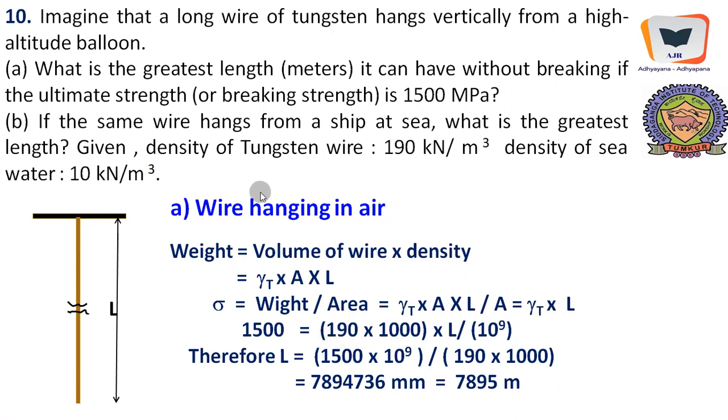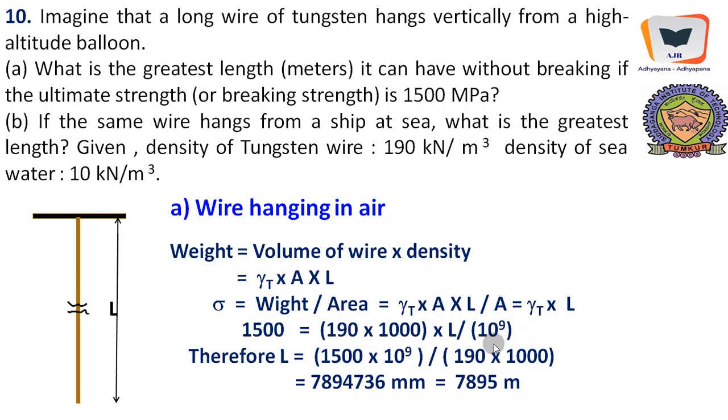And density of tungsten is given to be 190 kilonewton per meter cube. This is 190 into 1000 to make it Newton, and we have divided this by 10 to the power of 9 because it is meter cube over here. We need to convert that into millimeter cube as per SI units. So 1000 millimeters equal to 1 meter. Therefore it is 1000 into 1000 into 1000.